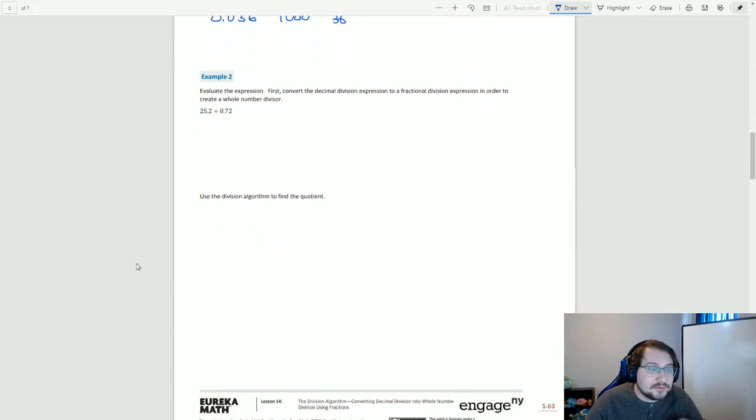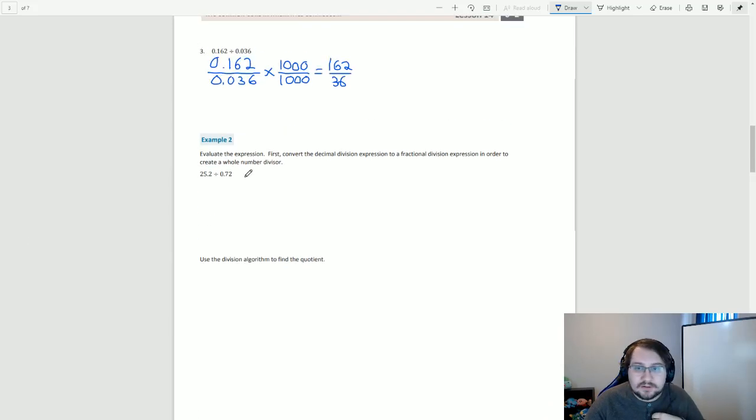Now, with example 2, this is where we start to get into actually solving them. Now we have 25.2 divided by 0.72.